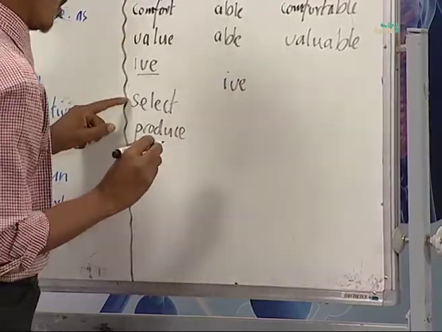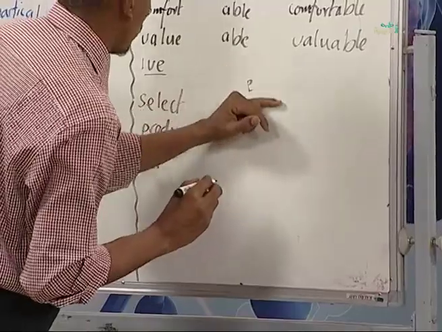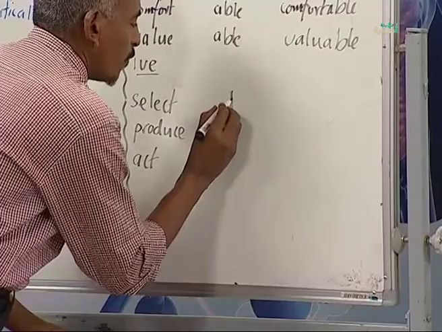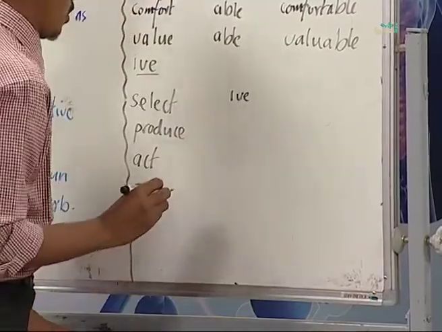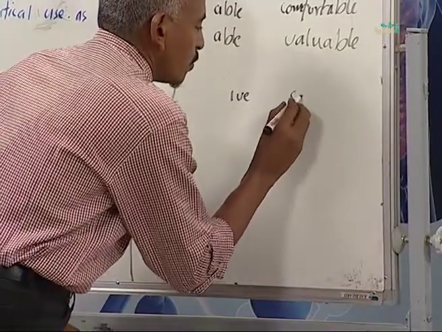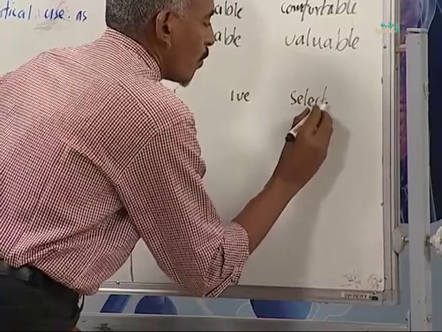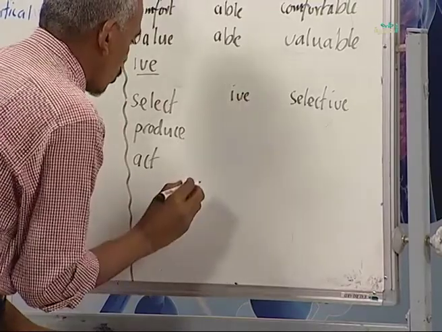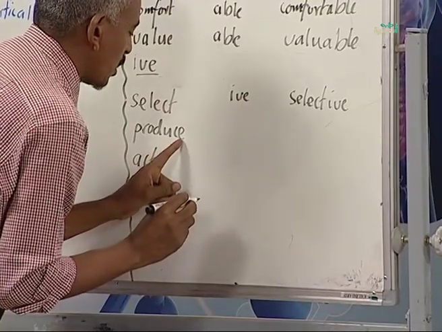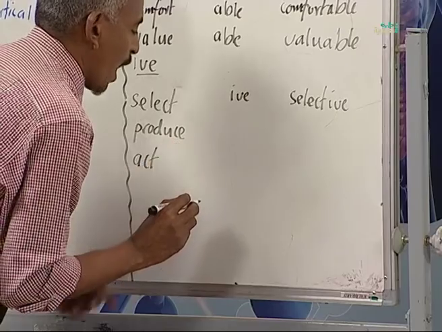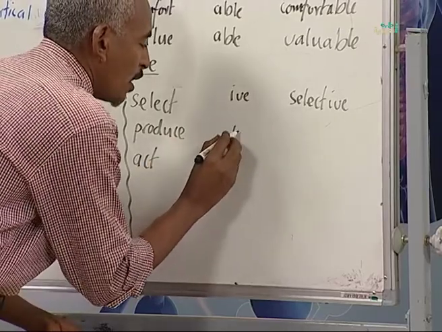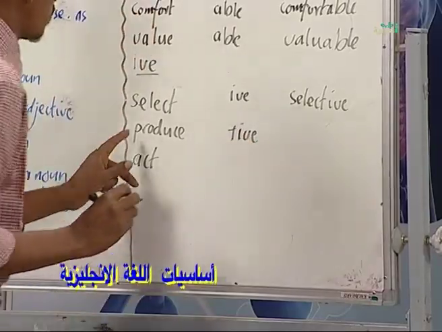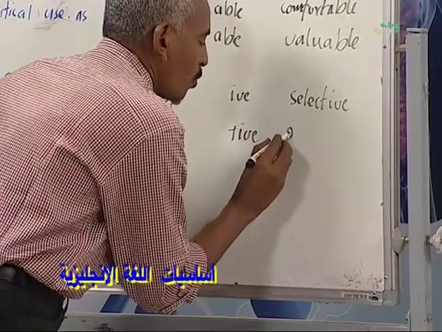Select gives selective. And then produce, we have to drop the E and we add t-i-v-e. It gives productive.